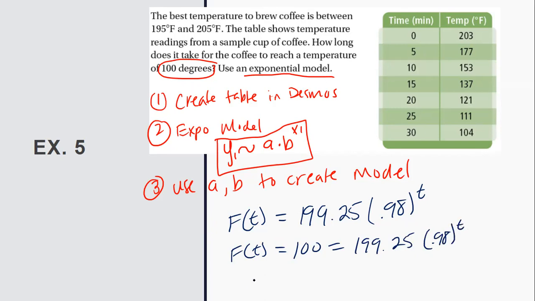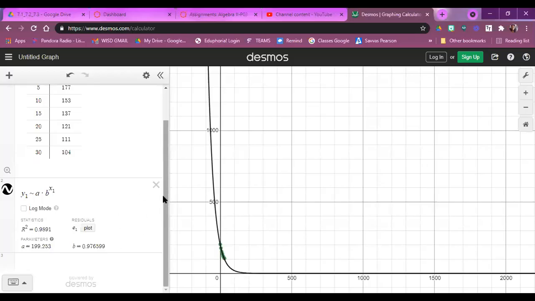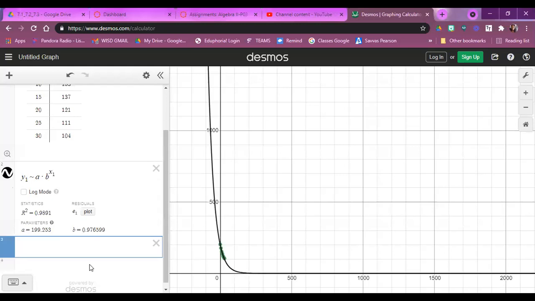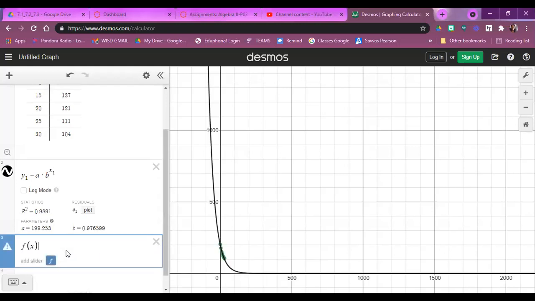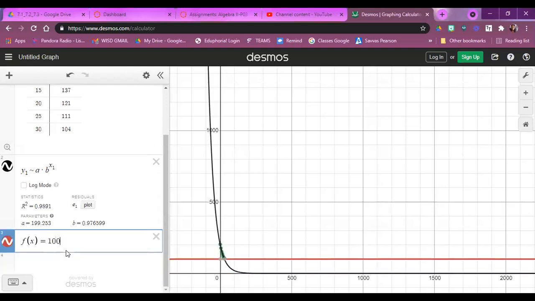Okay, it's just like when we did the inequality, we want to look for the intersection. So we're going to graph this as a function, and we're going to graph this as a function and see when do they intersect. So I already have my model there. I need to know when f of x equals 100. Notice how when I type that in, it creates the 100, and I'm looking for when do they intersect?